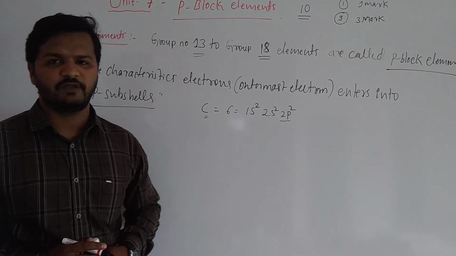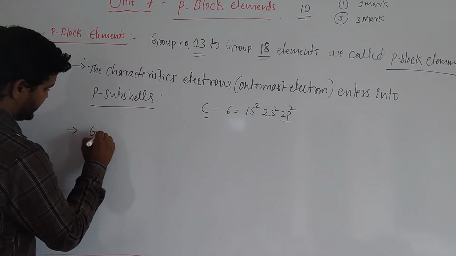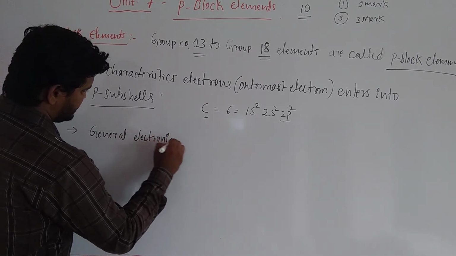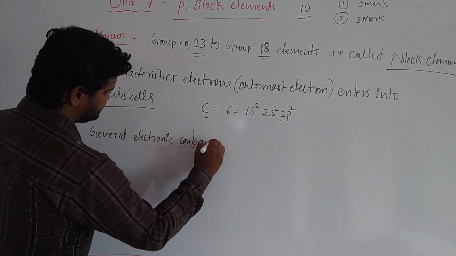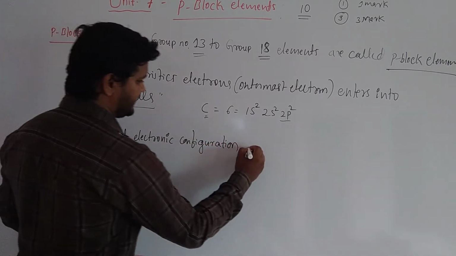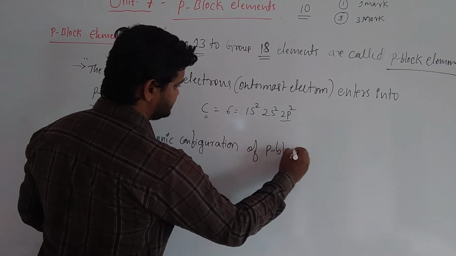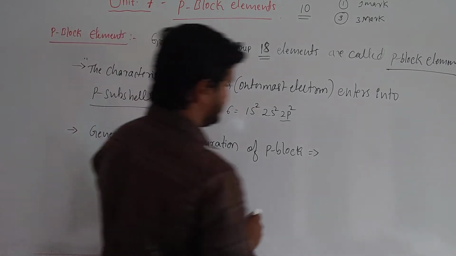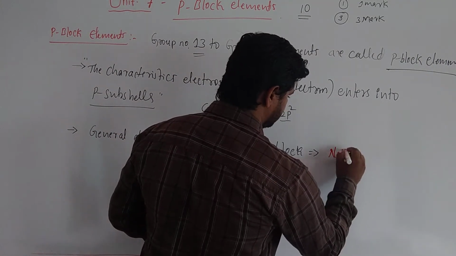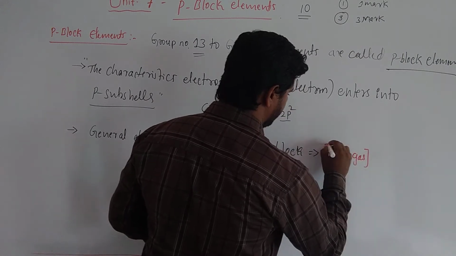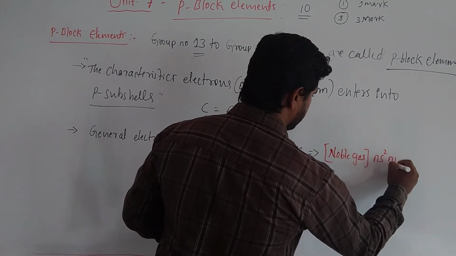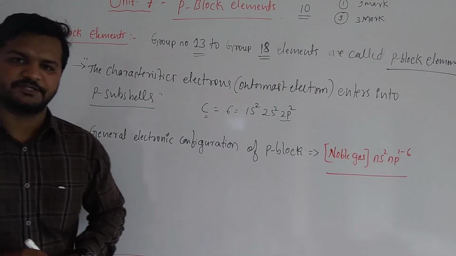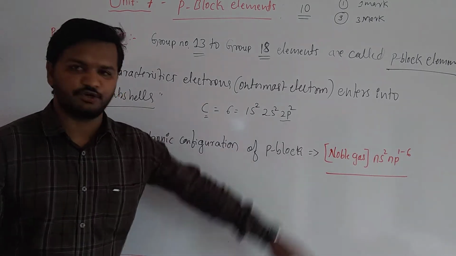What is the general electronic configuration for p block elements? The general electronic configuration of p block elements is noble gas ns2, np1-6. Noble gas ns2, np1-6. This is the general electronic configuration of a p block element.